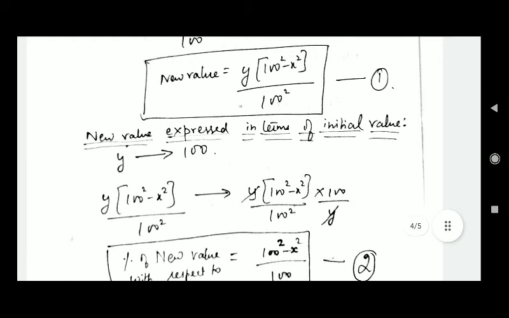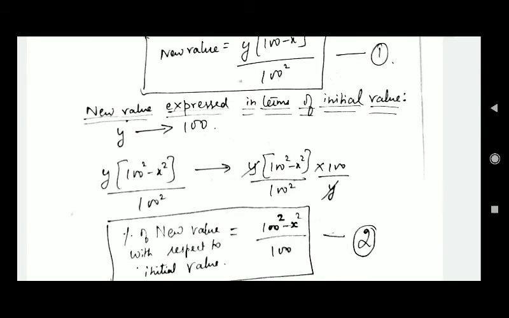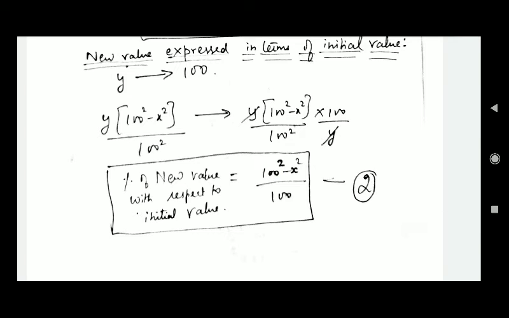Now when new value is expressed in terms of initial value as a percentage, so when y is considered equivalent to 100, percentage of new value with respect to the initial value will be 100 square minus x square by 100. This again is obviously less than 100. So this formula can also be quite useful in the competitive exam.